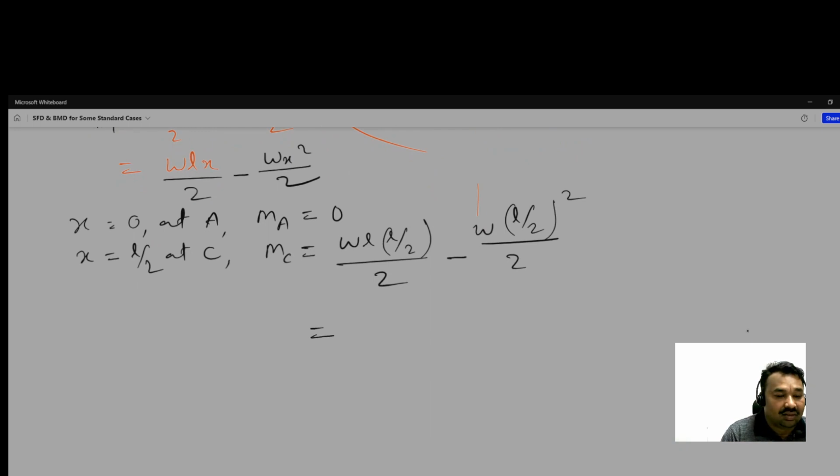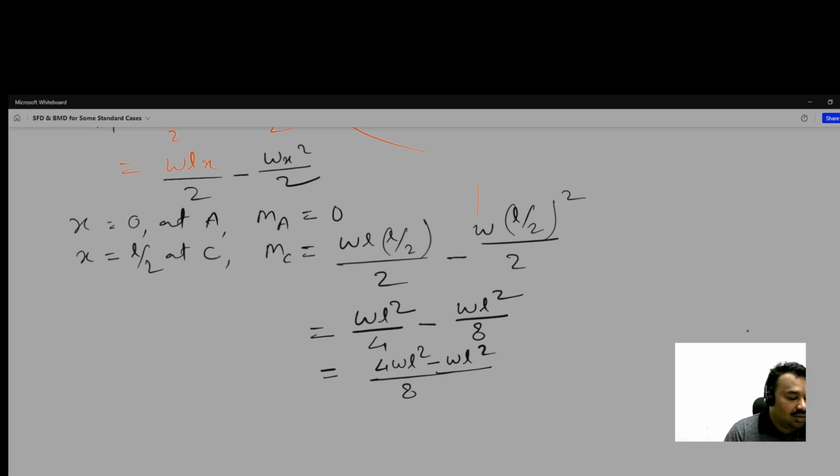Then we have WL square divided by 4 minus WL square divided by 8.